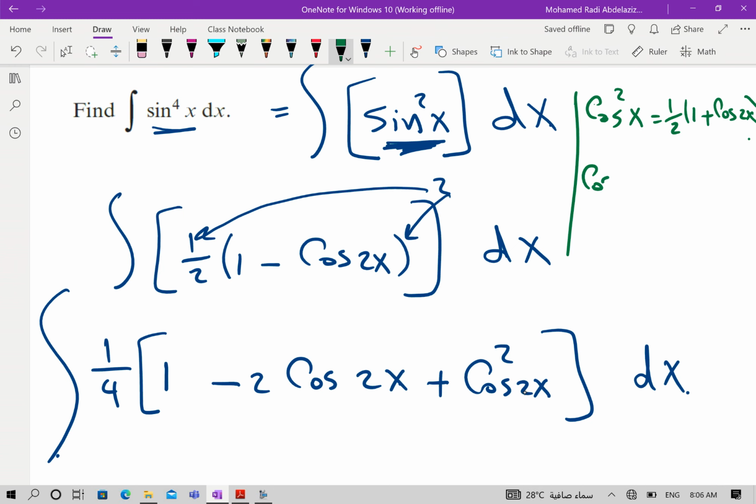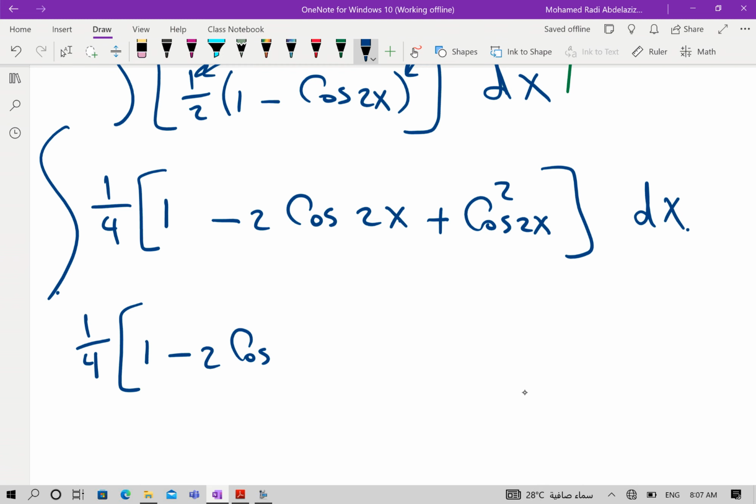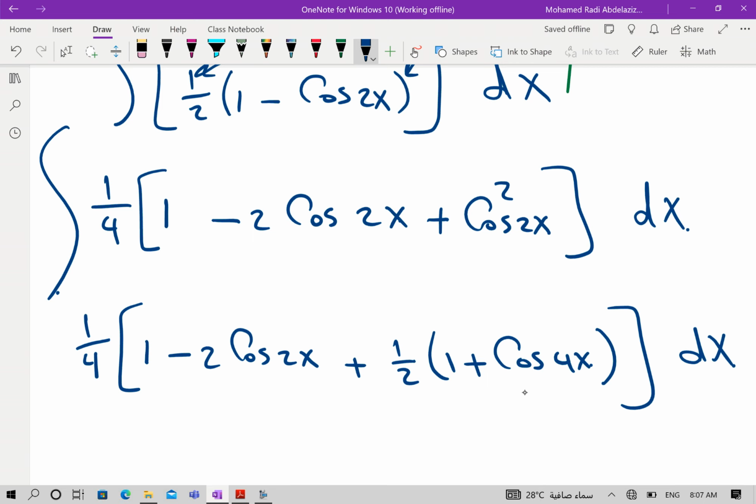So if it is cosine squared 2x it will be half 1 plus cosine what? 4x. So I started to remove and write it. Fourth, 1 minus 2 cosine 2x. Remove cosine squared 2x, it will be half 1 plus cosine 4x, all by dx.